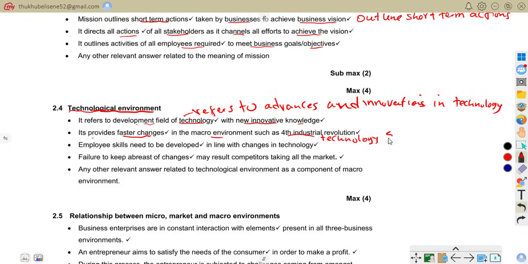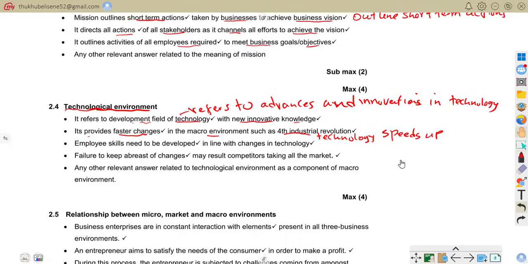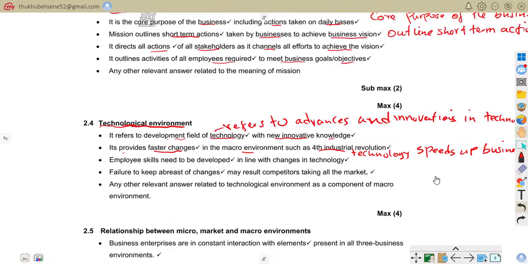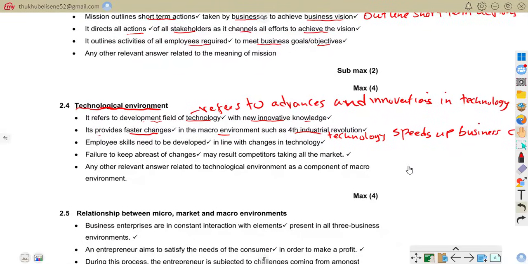For example, we can talk of e-commerce replacing physical stores.